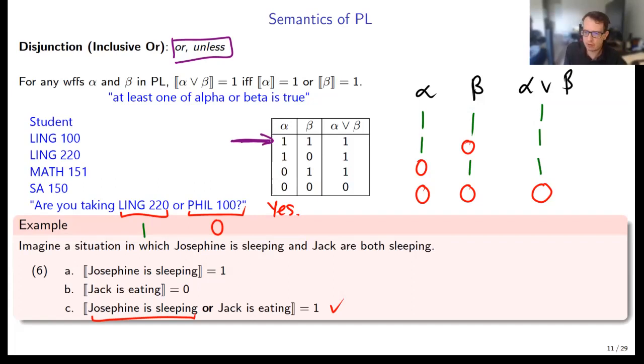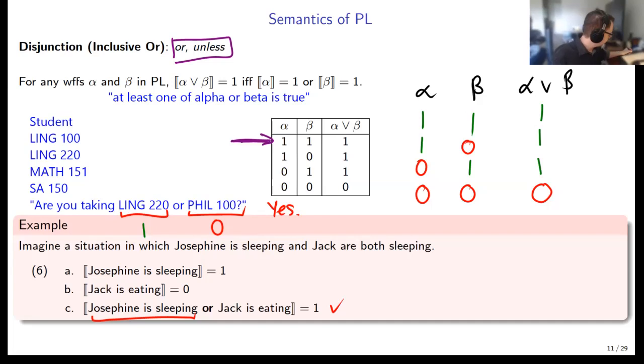So in both cases, whether you ask them, are they taking LING 220 or Math 151, where they're taking both, or are you taking LING 220 or Fill 100, where they're just taking one, you would still expect them to say yes to this question. So that's why we say that in English, or is an example of inclusive or, where you can say it's true if either alpha or beta is true, or if both of those are true.